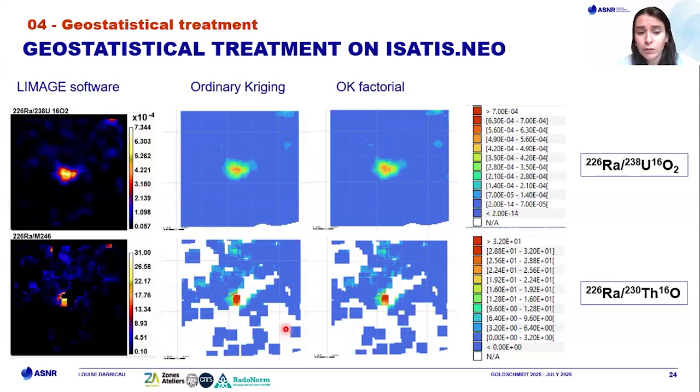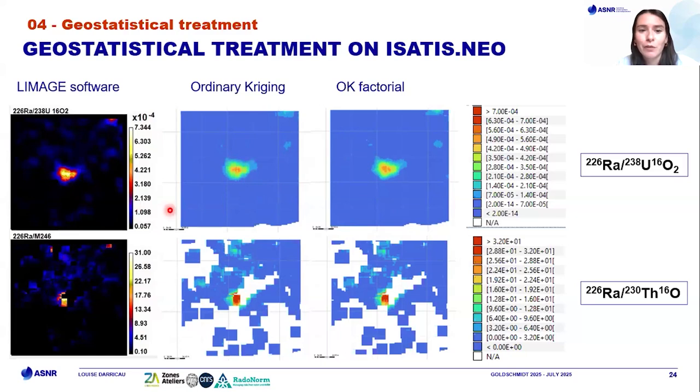But as you can see, for radium and thorium, we still don't have enough data, in fact, to obtain a better image. It's still ongoing work. We are hoping to look at different tools and maybe obtain a better data treatment. But still, Limage is still good, because when we looked at the ratio obtained with the geostatistical tool, the uncertainty associated with the ratio is greater than the one that we obtain with Limage.